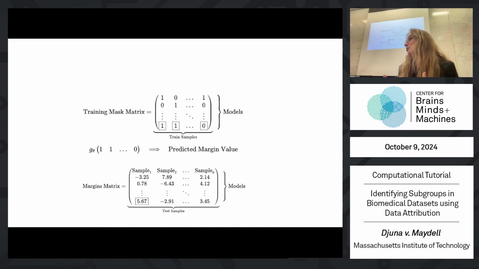Then you evaluate it on the models you held out, so maybe the bottom rows of that training matrix. And then you do that again for the next column in your margins. It takes a little bit to wrap your head around. I think I'll also share the code so you can look through it, but I want to keep going to make sure we get some of the intuitions.